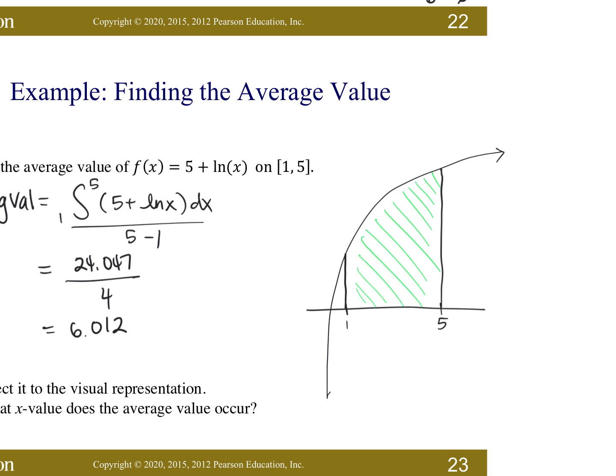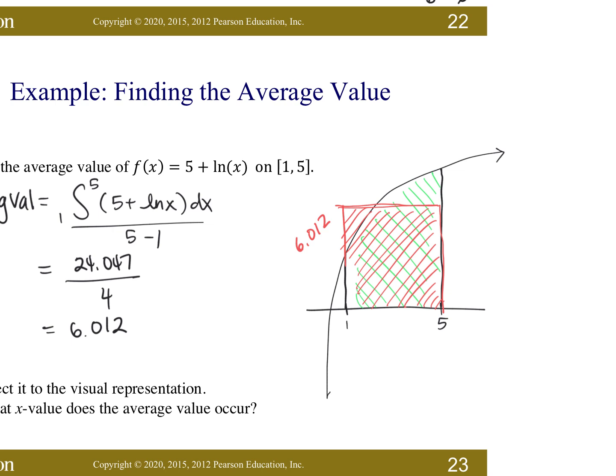And then 6.012 represents the height of where a perfect rectangle would be, which would have an equivalent area to the green that was under the natural log. So that would have a height of 6.012.